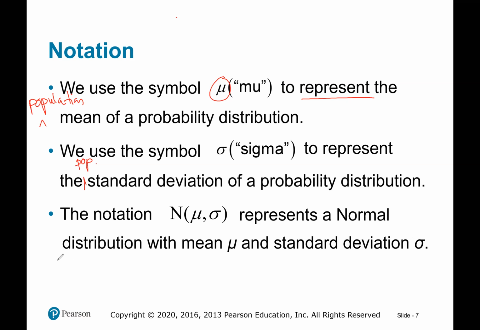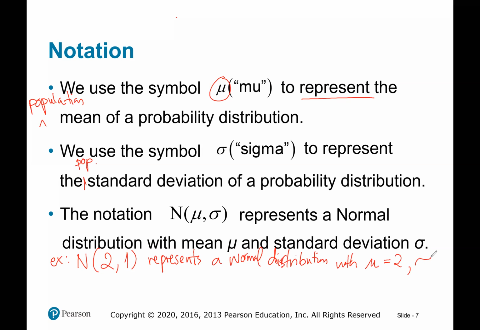So let's say for example N(2, 1) represents a normal distribution with mean equal to 2 and standard deviation equal to 1. Okay, so that should be it for this page, and now we're gonna move to the next page.